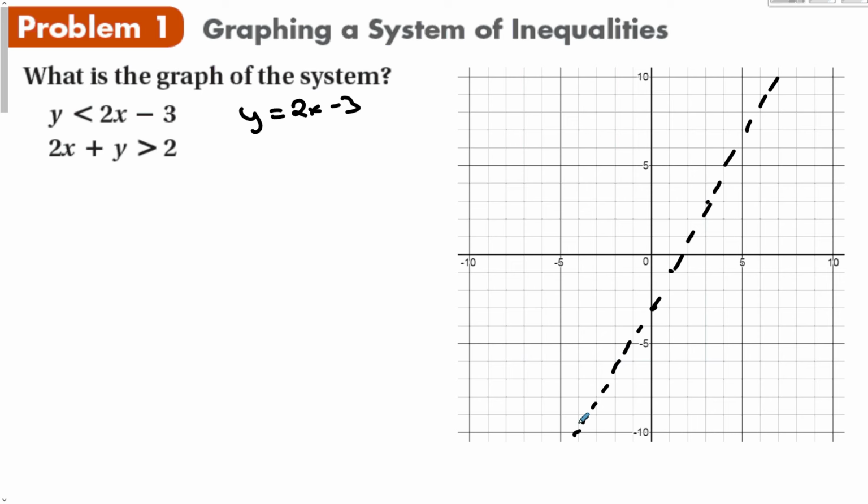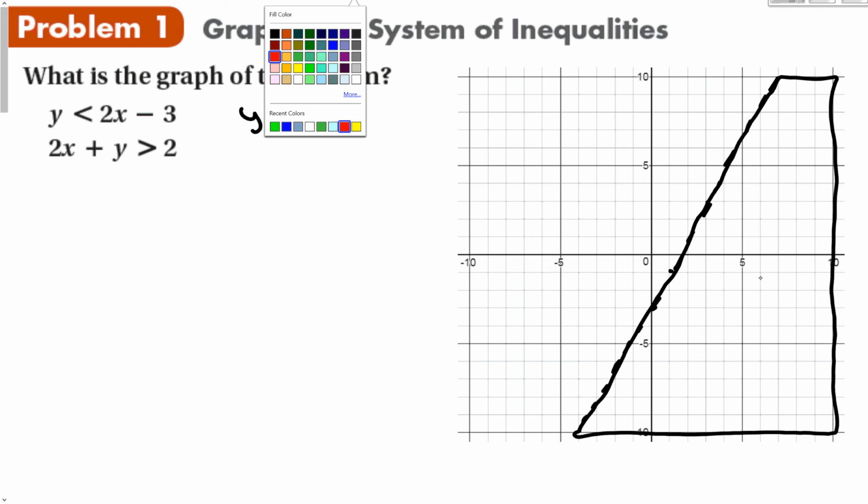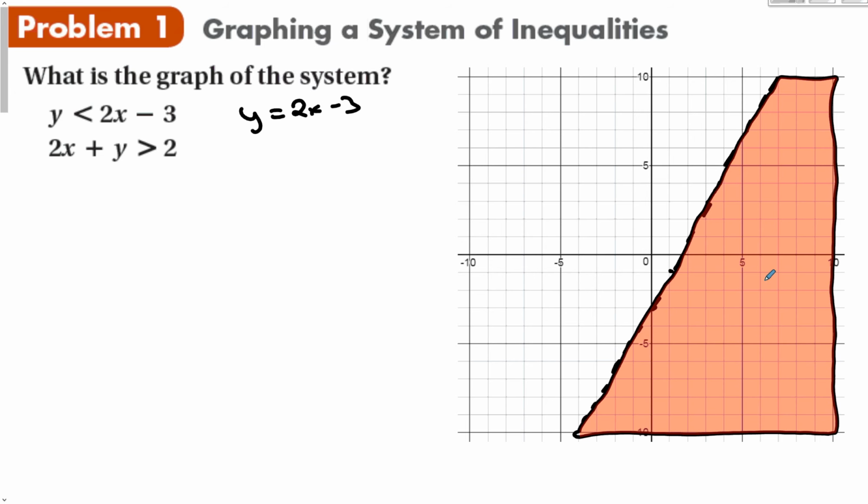Okay? Now, let's fill in the region, and I'm going to use my fill tool on here, which means I have to make a region that I can fill in. We'll come back and fix this later. Let's fill it in with a red color.